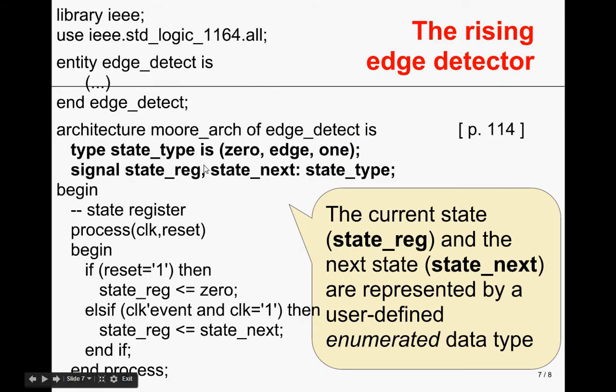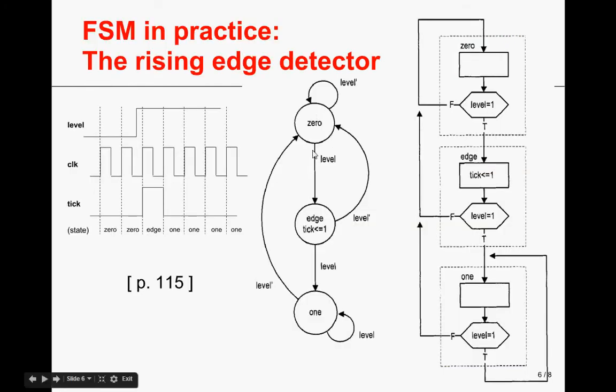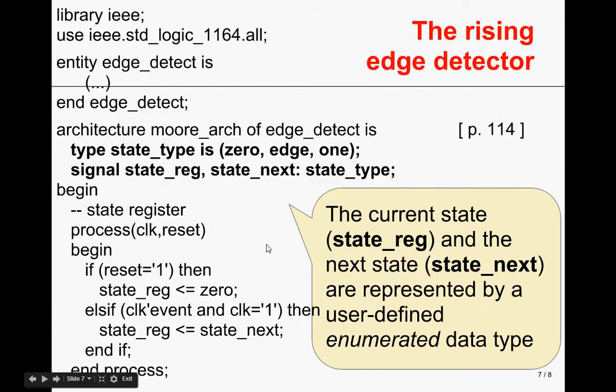The first slide is simply used to tell you that the states that are used to represent the operation of the finite state machine are not a predefined data type, so we will have to create a new user-defined data type, which we may call state type, which is of the enumerated data type.